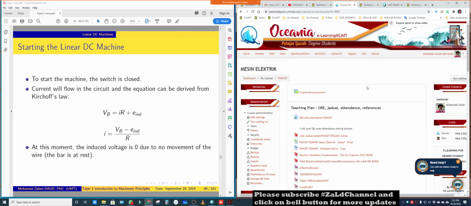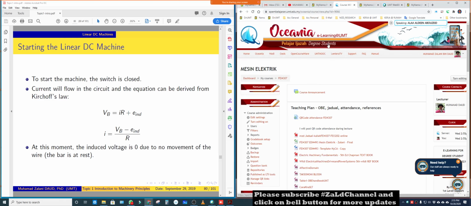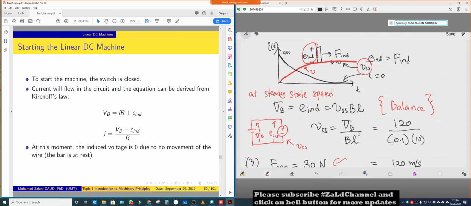Doctor, is the current direction in electricity considered from negative to positive or positive to negative? In circuits, for example, we have a circuit with a battery.